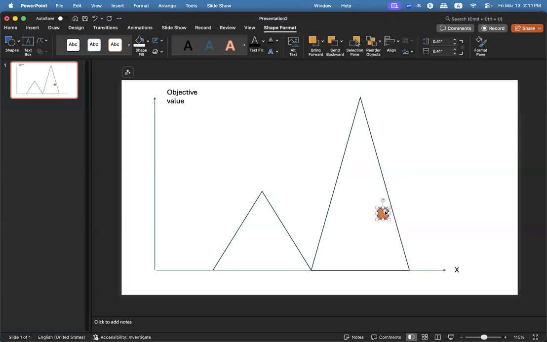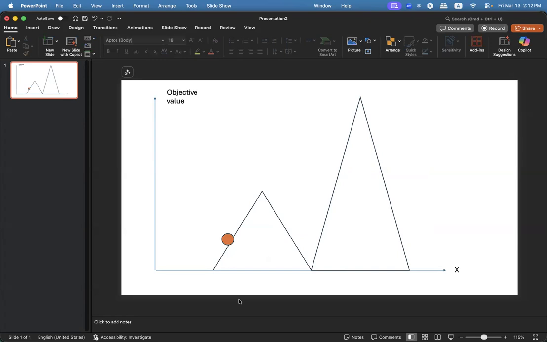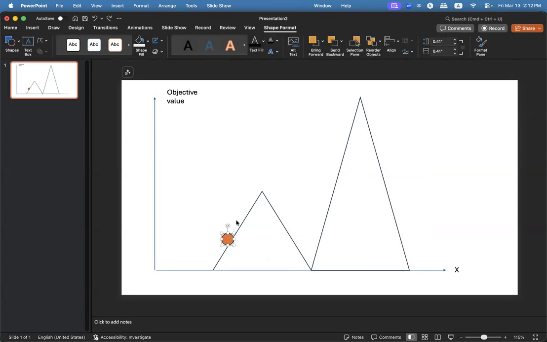Each time I run hill climbing, but I give it a different start. I keep randomizing my starting point and repeatedly doing the hill climbing algorithm. The idea is that if I do enough randomizing, then maybe I get to start my search right here, and I can get to the goal state, the ideal state, the global optimum.